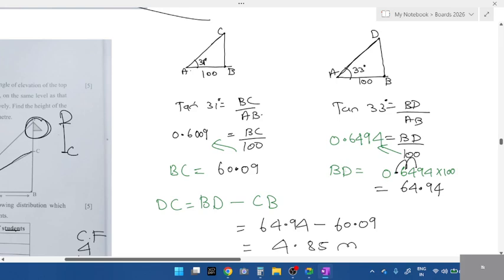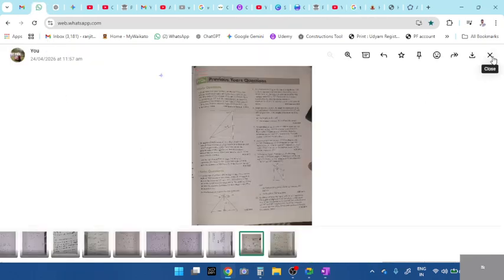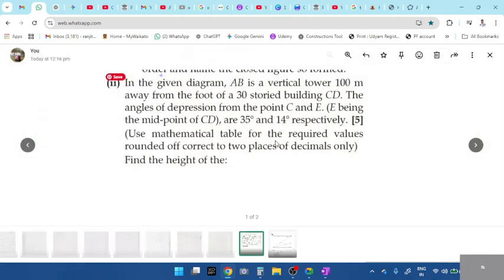Okay, we'll try 2025. Even in 2025, they had given angle of elevation, I think. Angle of depression question. See, I've sent it in the group. All of you will write this, students. Make a note of this.